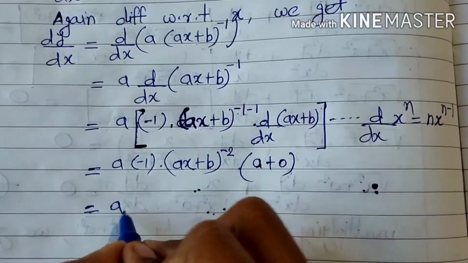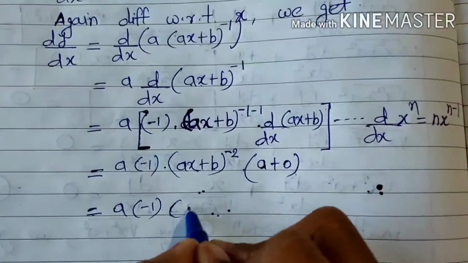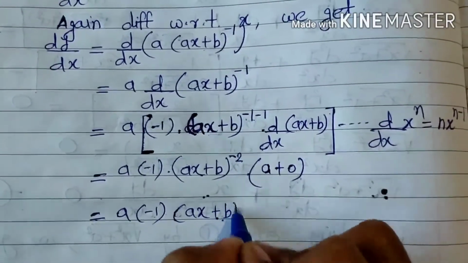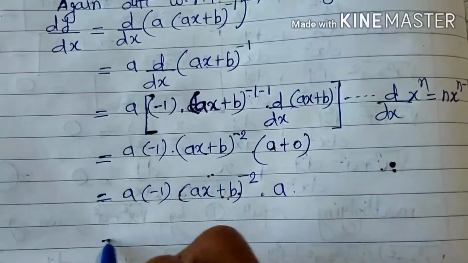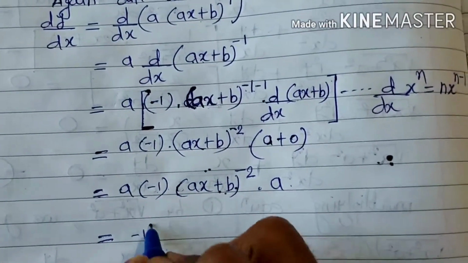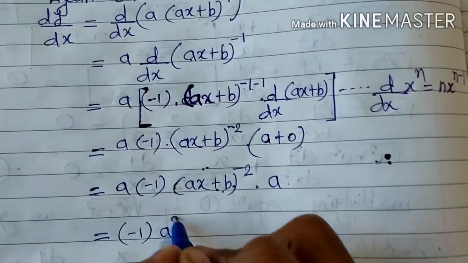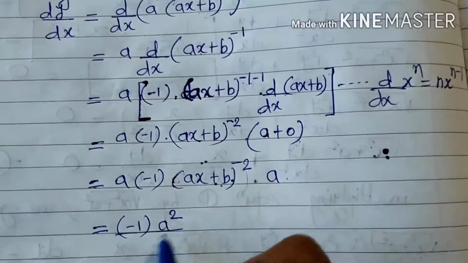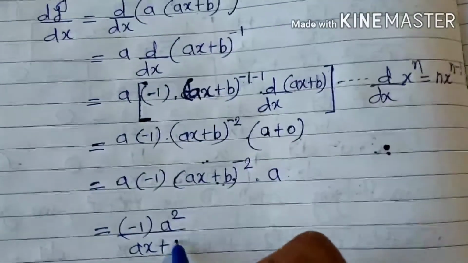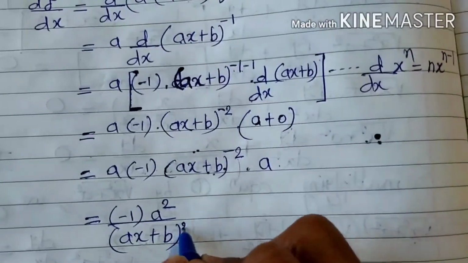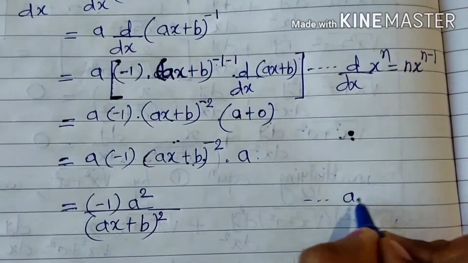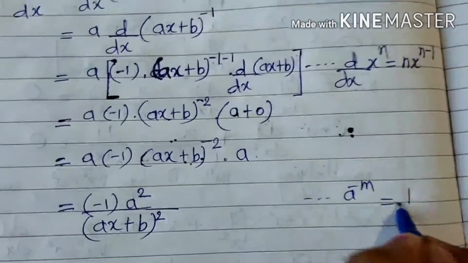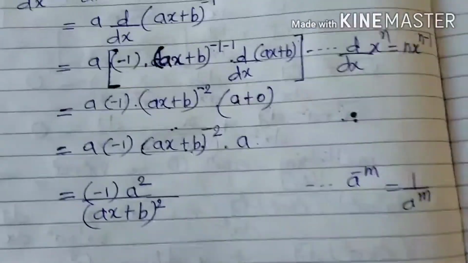This is a into minus 1 ax plus b raised to minus 2, and this is into a. So a into a will become a square. So you can write this like that, minus 1 into a square, and this shift like ax plus b raised to 2 using laws of indices. A raised to minus m is equal to 1 upon a raised to m.